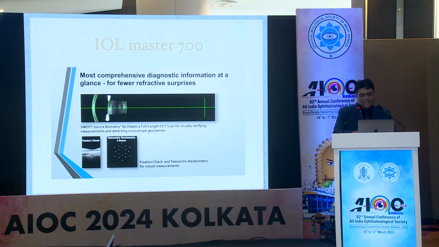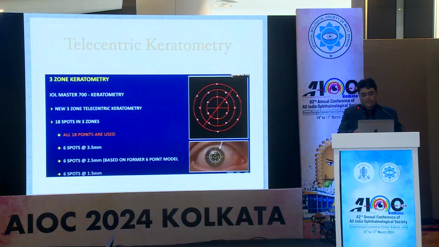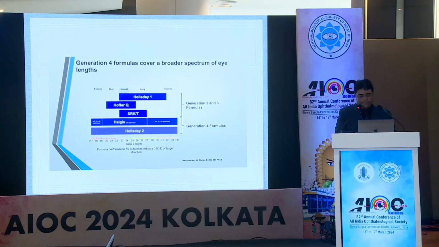Then it has a telecentric keratometry. That is, when you take a keratometry measurement, it's independent of the distance from the instrument, so that you never have unreliable readings. And it does 3-zone keratometry. The spots are taken at 1.5, 2.5 and 3.5, with 6 spots in each zone. So this is a 3-zone keratometry.